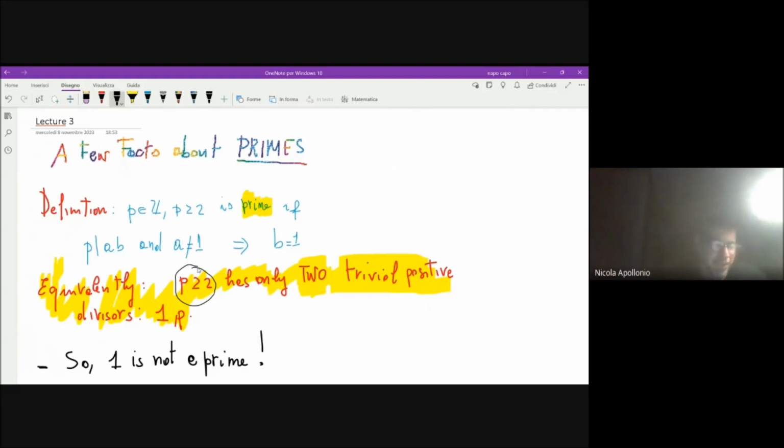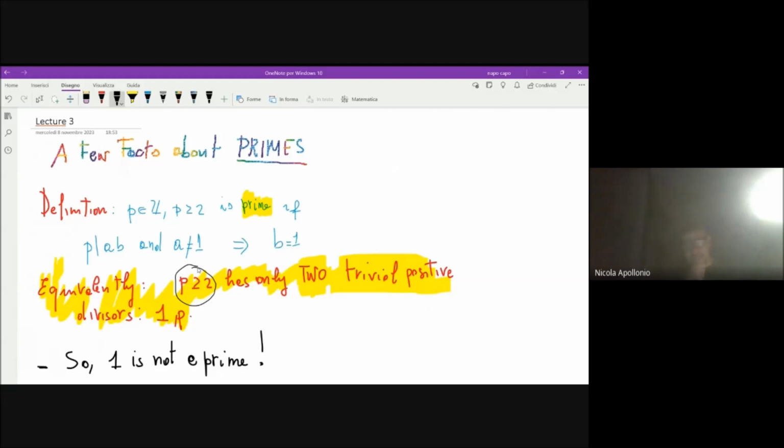It was a movie about Ramanujan, but Hardy, who was his mentor in the movie and also in reality, kept thinking that 1 was a prime number.